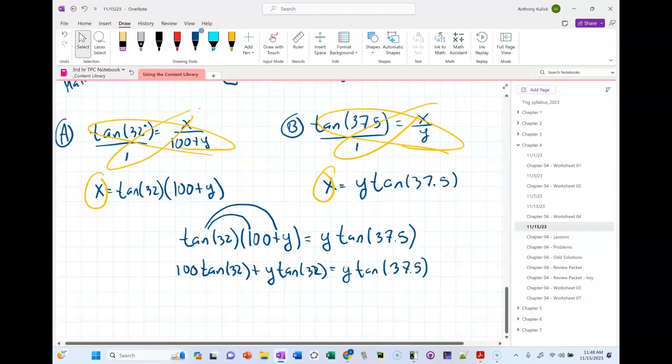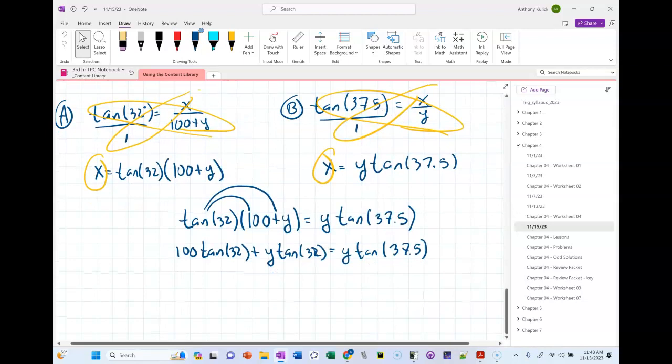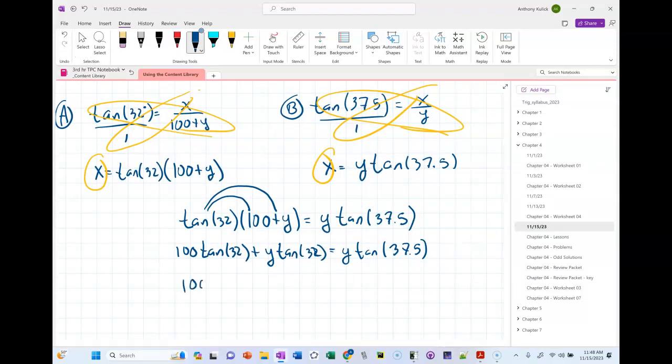And then I'm going to subtract y times tan 32 from both sides so that I have y's on the same side.